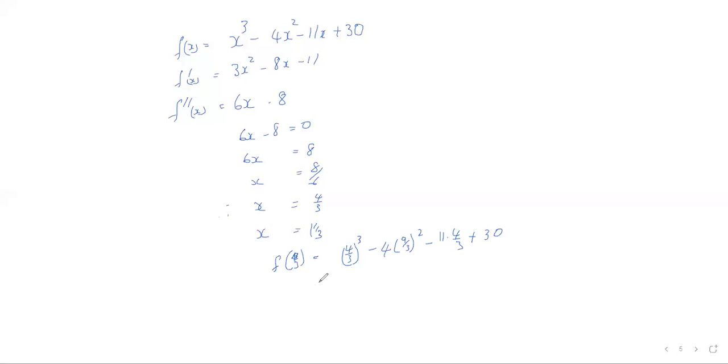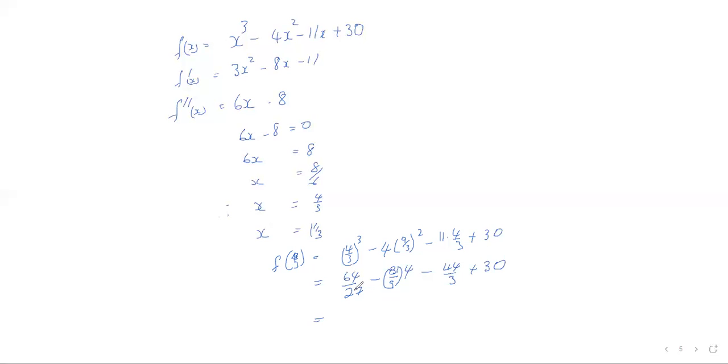This gives us 4 cubed is 64 over 27 minus 16 over 9 times 4, minus 44 over 3, plus 30.